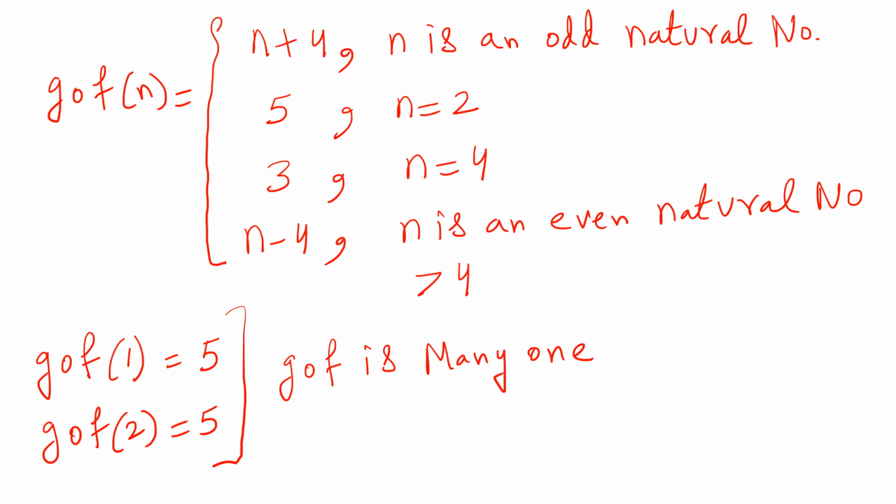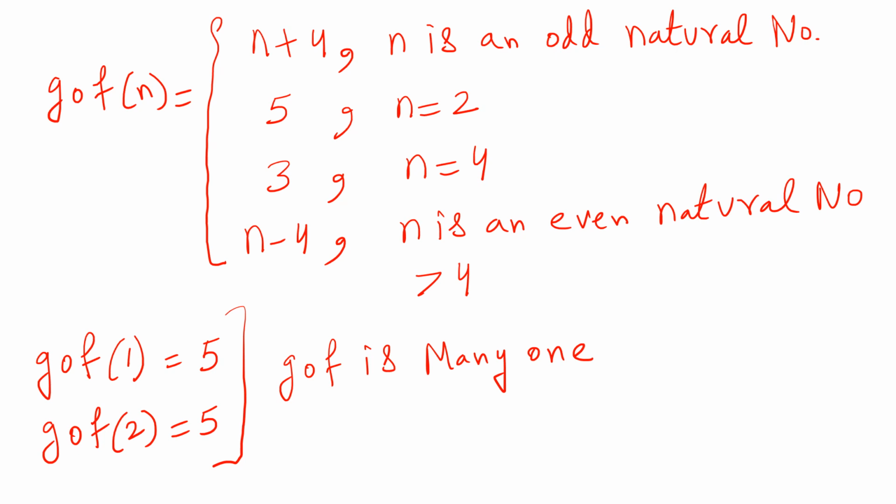Now students, to discuss the onto nature of the function g of f, we need to find its range. And to find the range, we will have to consider different cases. Now when n is an odd natural number, then we get the outputs of the function g of f as the set containing the elements 5, 7, 9 and so on. That means we get all odd natural numbers greater than 3. And we get the output as 3 when we put n equal to 4.